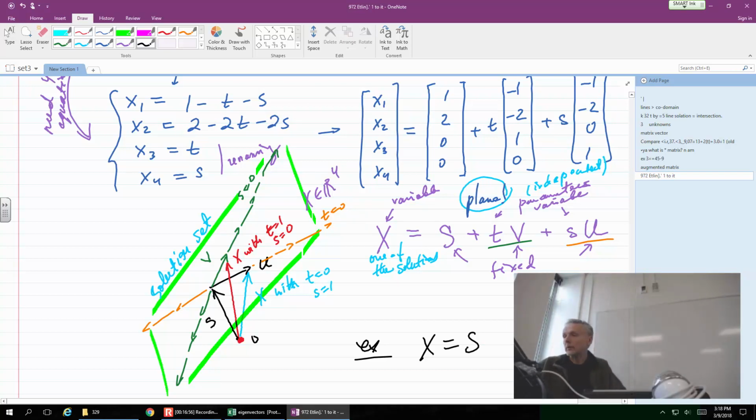So think about, well, maybe I'm jumping forward too fast, but it would be looking like this. x1 is equal to, say, 1, x2 is equal to 3, x3 is equal to 0, and x4 is equal to 5.